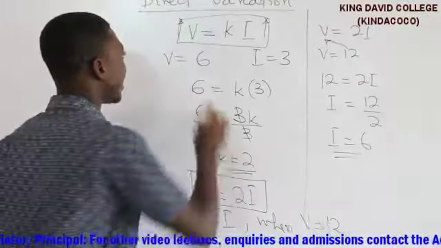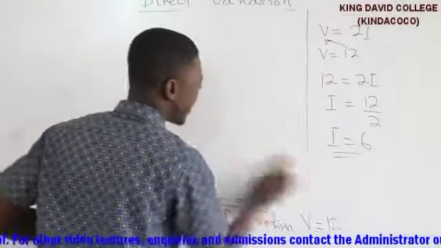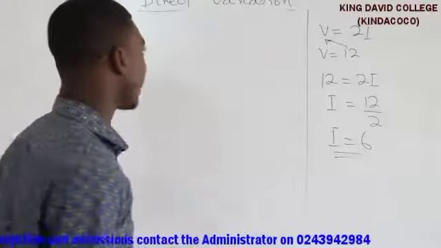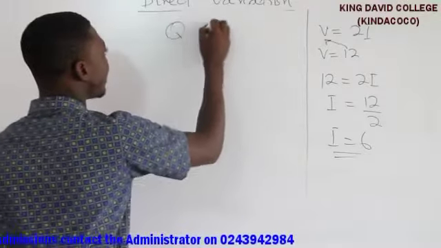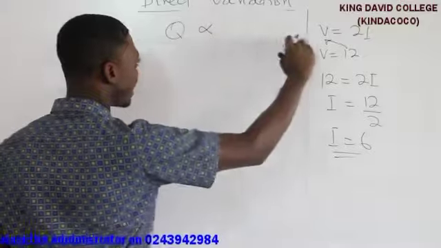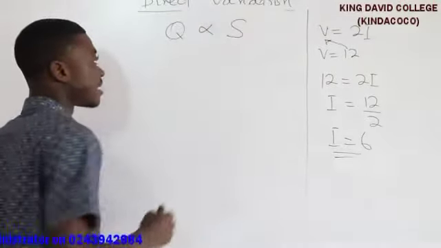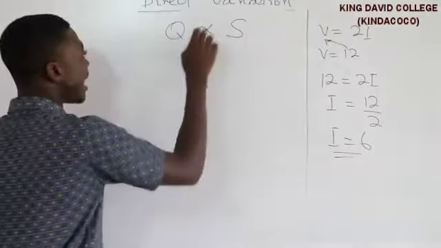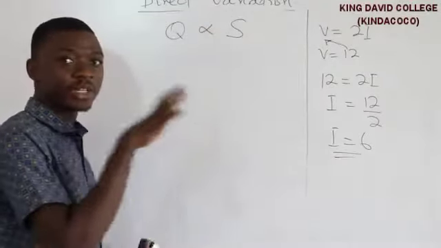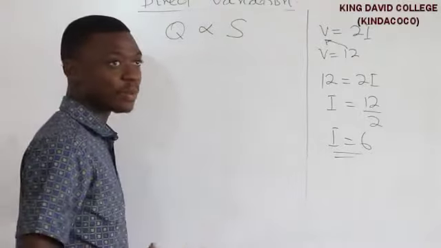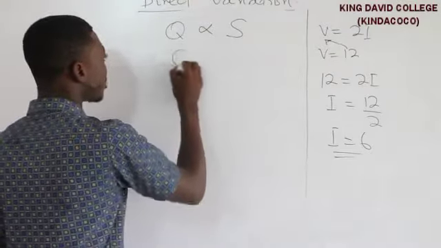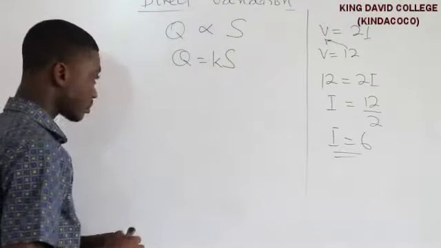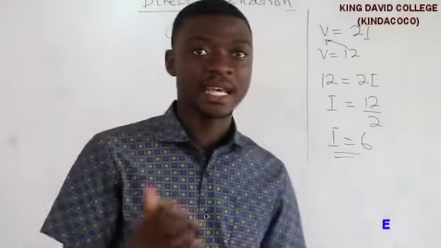So Q varies directly as X. So in a given question now, they say Q varies directly as S. So what this means is that I must change the vary sign into an equation with the constant of proportionality, so that this will become Q is equal to K times S.